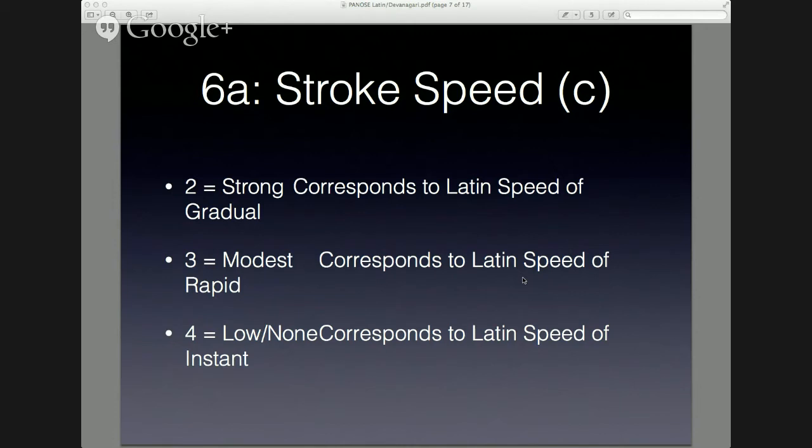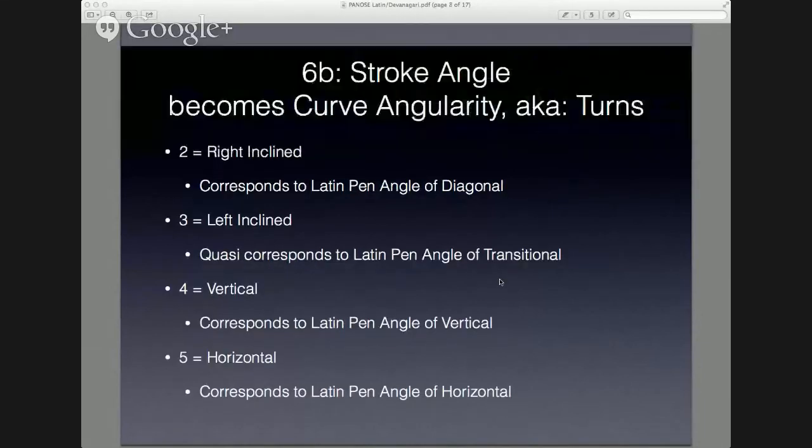And that stem, as it's coming around the curve, picks up the weight and then holds that weight all through the more vertical part of the stem. That would be a rapid weight change. And there are some that are instant, where there's actually a corner on the inside of the counter where it goes from thin and then it hits a corner and drops down to give a very, very instant change in speed. So that stroke speed is something that I saw a lot of in the Devanagari samples that I was playing with, and so that will apply again straight across.